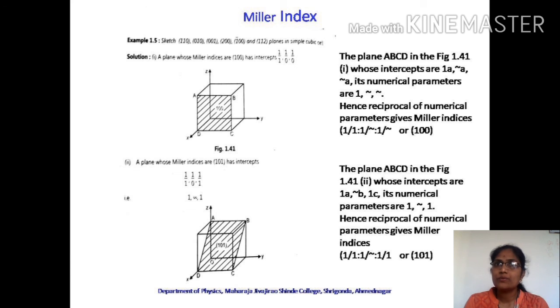Then 101 will intersect the x and z axis only. The 110 plane will intersect the x and y axis only, and the 011 plane will intersect the y and z axis. Like that one can find out the intercepts and draw the Miller planes with the help of the Miller index given. Hope you have understood this.